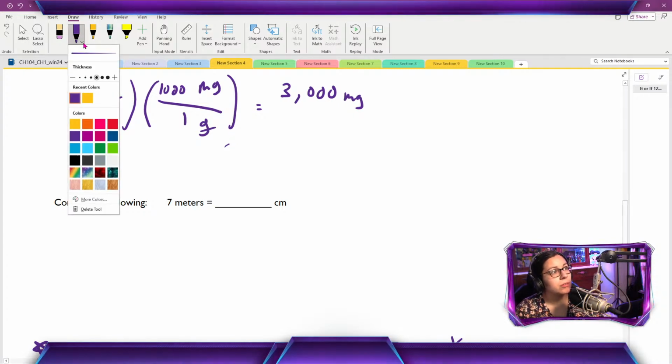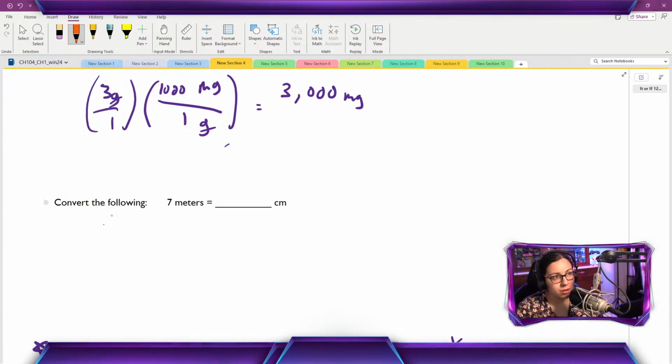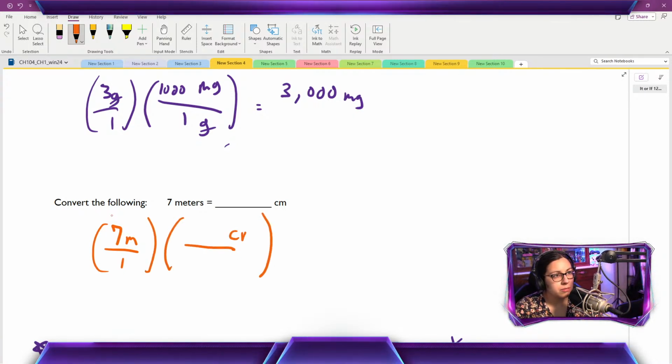I was trying to pick a different color just so we can distinguish. Okay, so there we go. Now we're going 7 meters to centimeters. Again, let's set up our math. We're starting with 7 meters. Now set up our conversion factor. We want centimeters on top, meters on bottom.